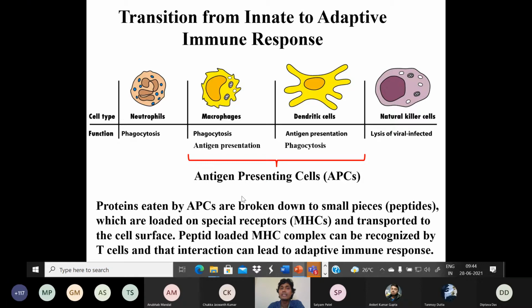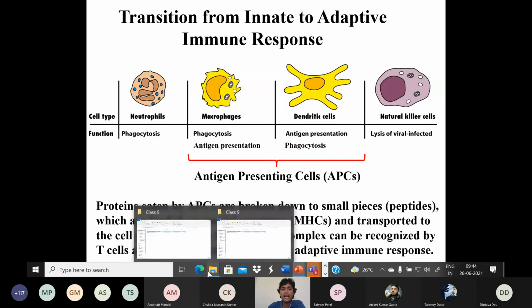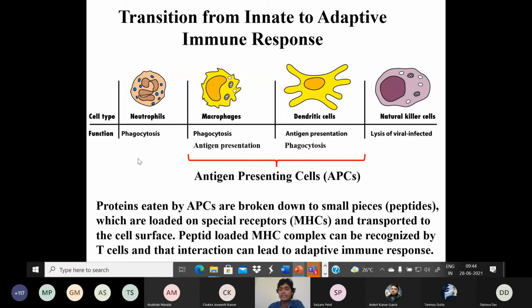Here, very clearly I have written, this is important, that I'm going very slowly, just try to understand. Proteins eaten by APC. APC means antigen presenting cell. Who are antigen presenting cells? Macrophage and dendritic cell.